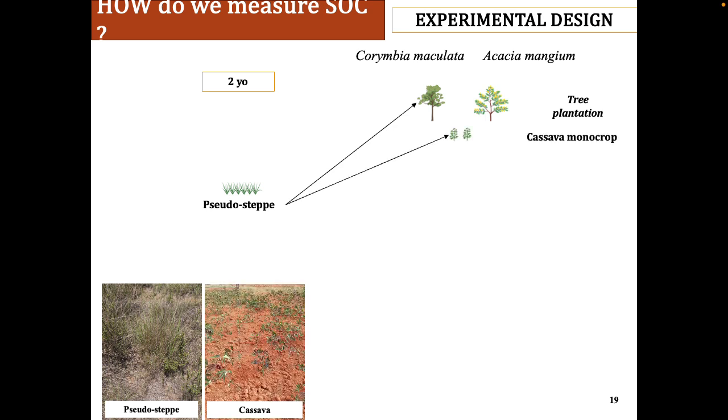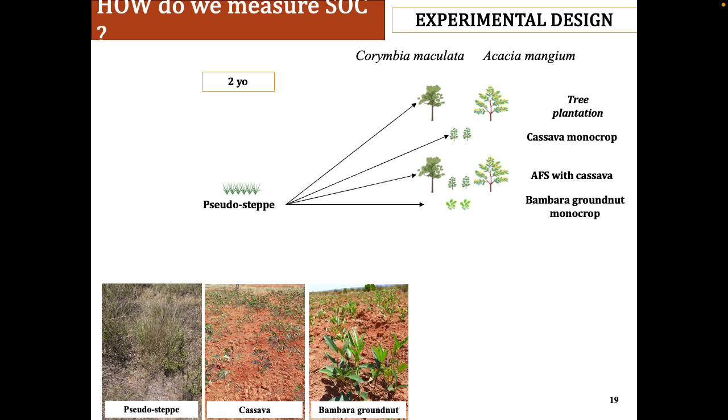Then after that, we have also compared that land use with cassava monocrop. Cassava is an important crop. Also, agroforestry systems with cassava, so with the same trees that we use here, we introduce cassava in there.